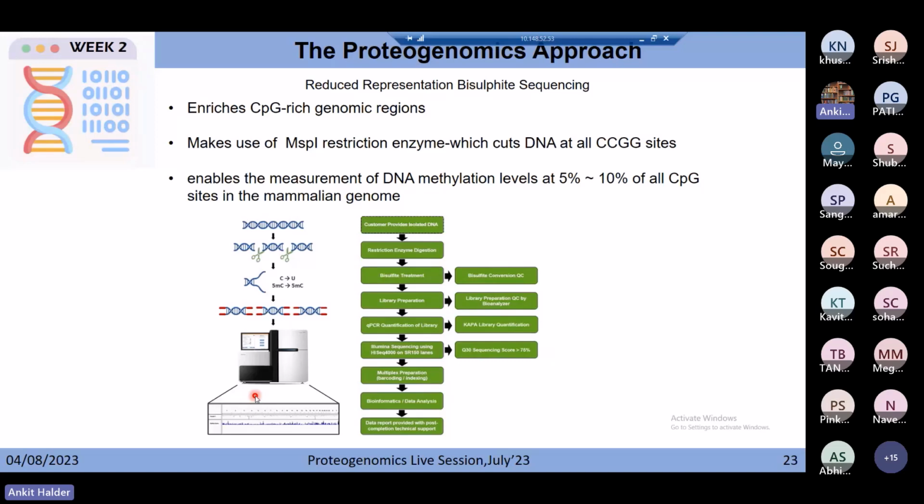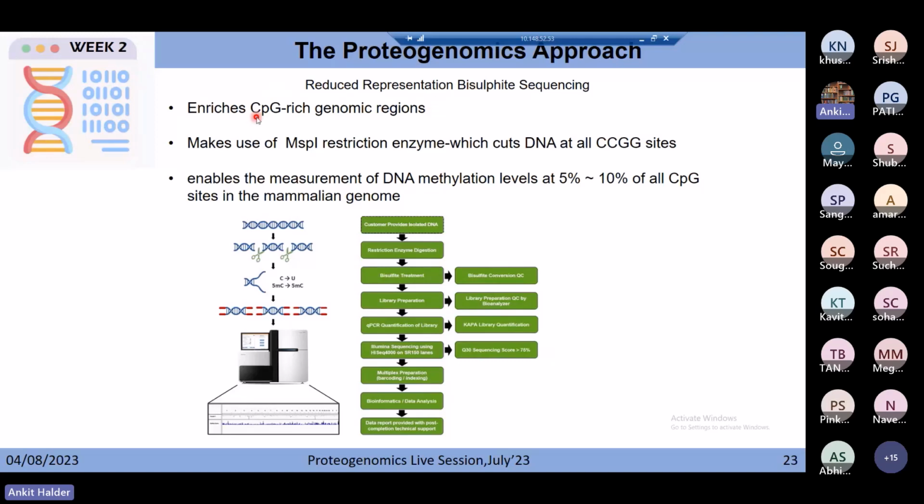Another technique which is used is reduced representation bisulfite sequencing. Here also we use bisulfite to understand the conversion of cytosine to uracil, so that we can understand which region of the DNA is methylated. But here it enriches the CpG rich genomic regions.